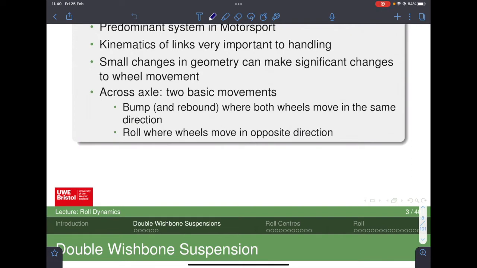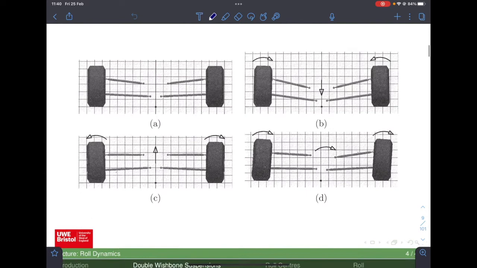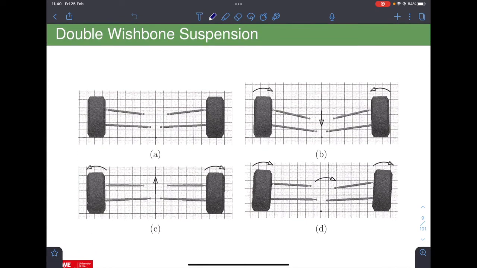Now, pictorially, you get a situation like this. Here we've got double wishbone suspension looking at the rear. A is just the equilibrium position, not moving. In B, the body has moved down but the wheels have moved up. Because of the way these links are arranged, as the body moves down, the wheels lean slightly inwards.